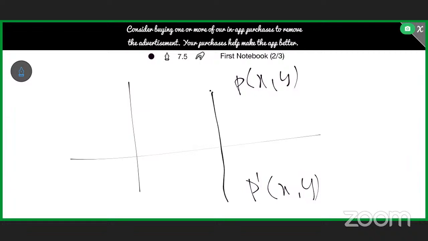The same thing with regard to the y-axis will be P'(-x, y). So the image of point P(x, y) depends on which line we are taking.